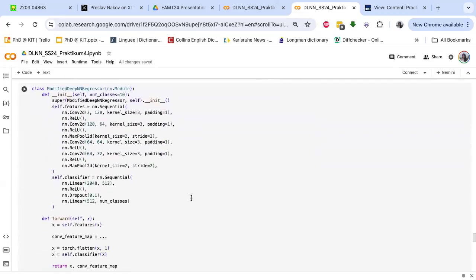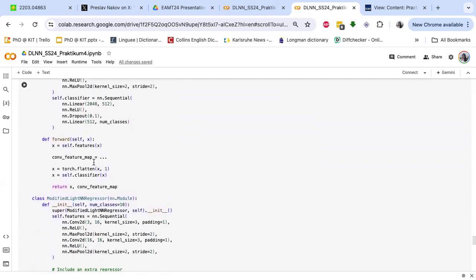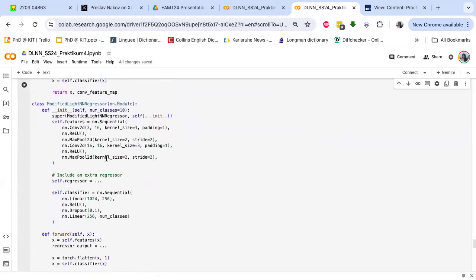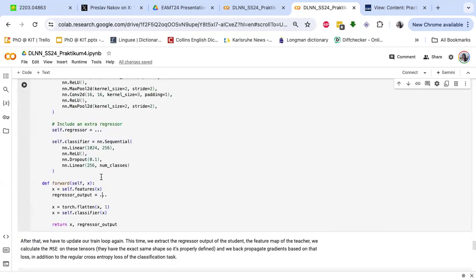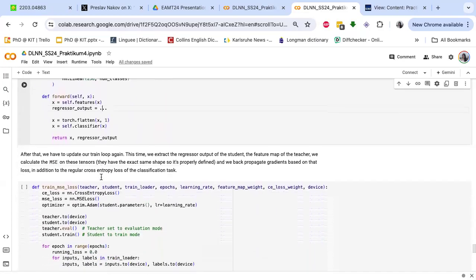So again, we will do some modification onto the normal class definition. And your work here is to extract the feature map, pass the input through the regressor, as in the new module that we defined for the mapping, and do the same for the student as well.